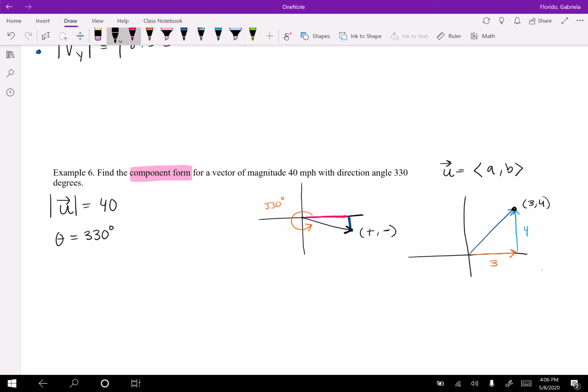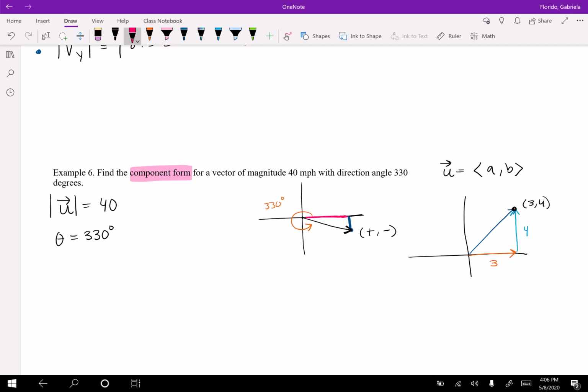So we need to find the vertical and the horizontal component. That's going to give us an idea of where that terminal point is. Then we have to decide which one stays positive and which one stays negative, which we already checked. We already know that the first one's going to be positive and the y coordinate is going to be negative.